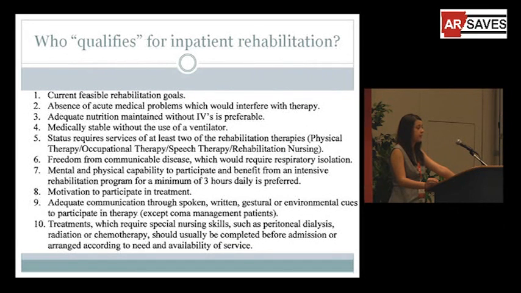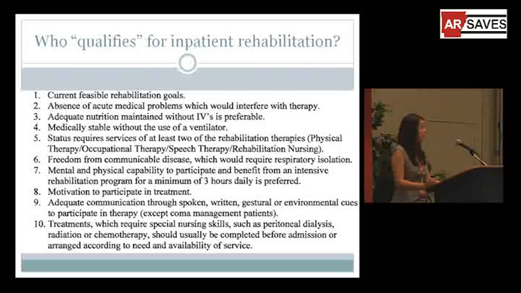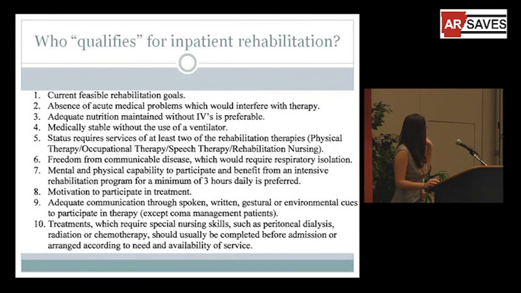In order to qualify for rehabilitation, if many of you have tried to place patients in rehab hospitals, there are a lot of check boxes you have to meet. And these are just an example of the criteria that our department uses for qualifying for inpatient rehabilitation.